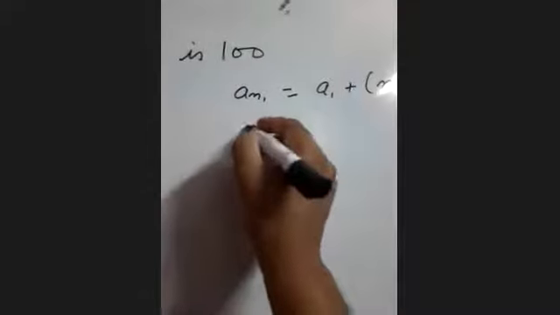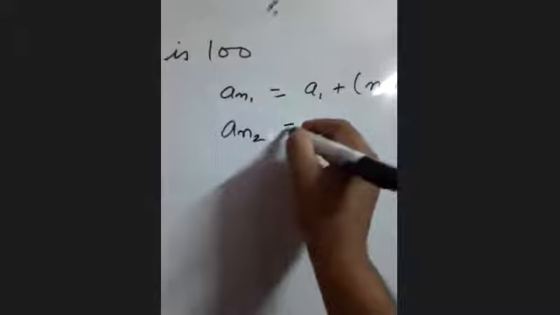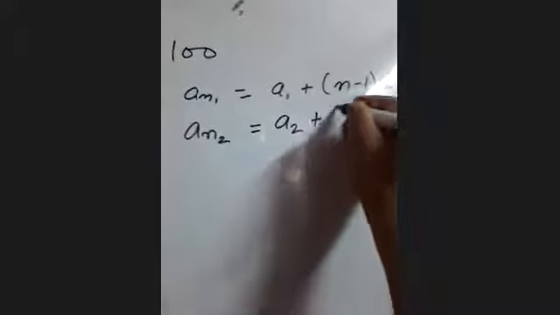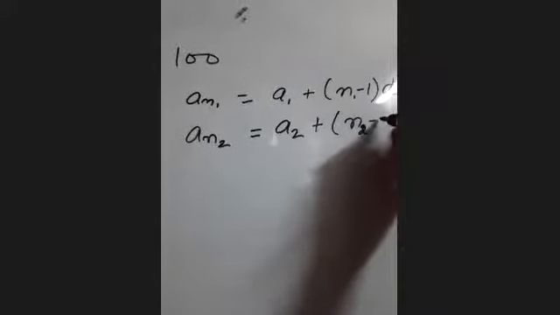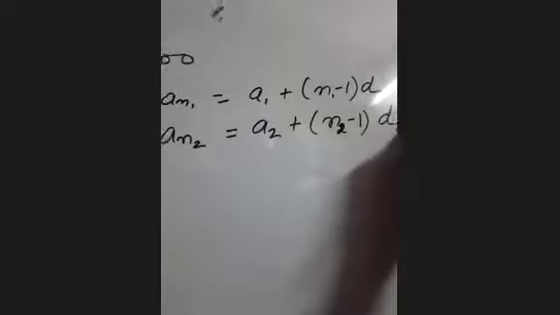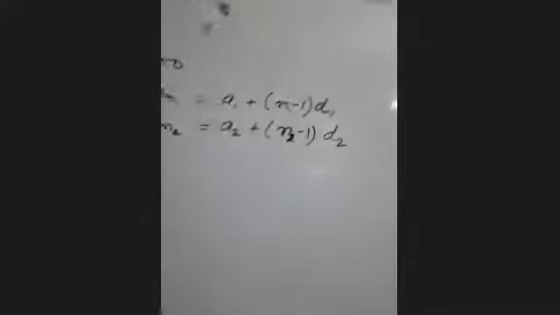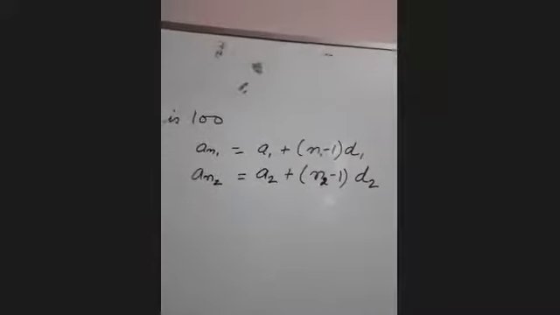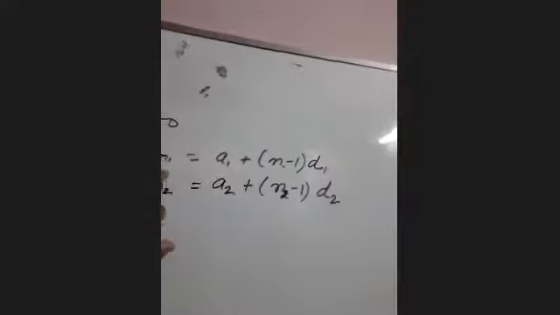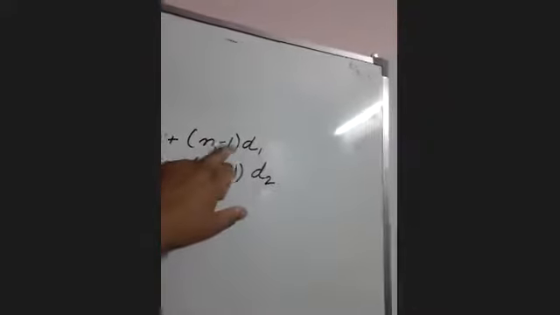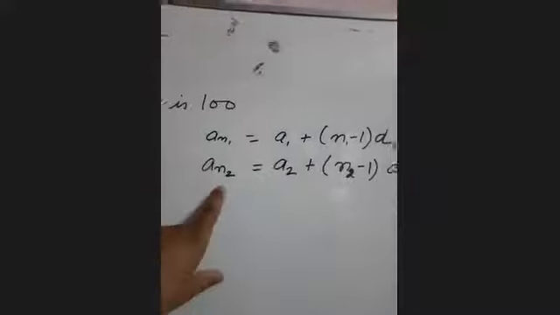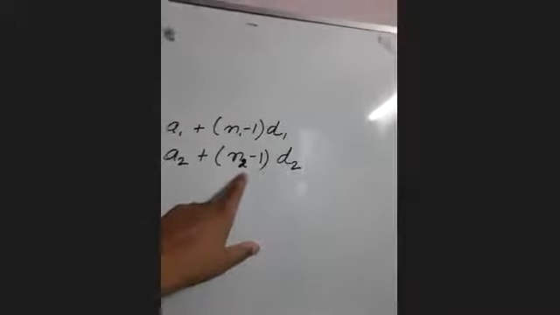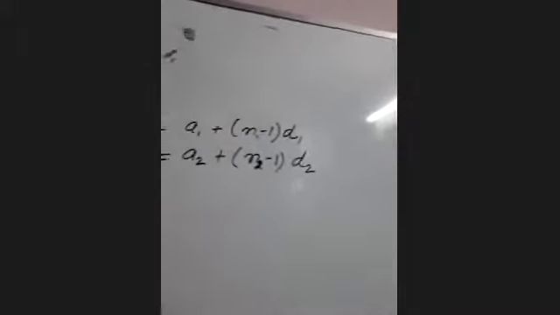For the second, an2 equals a2 plus (n2 minus 1) into d2.